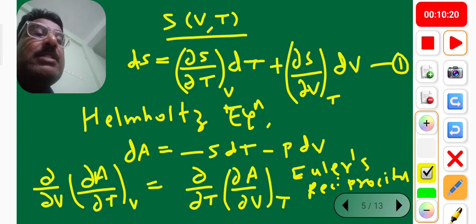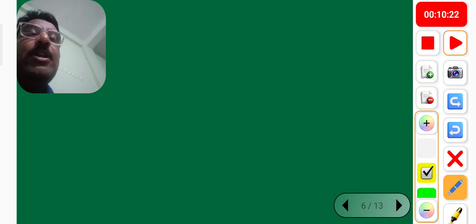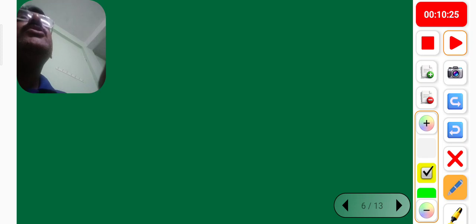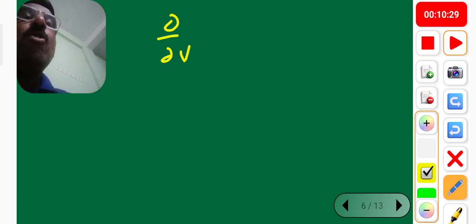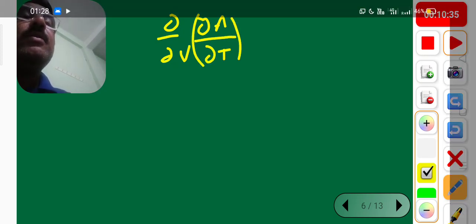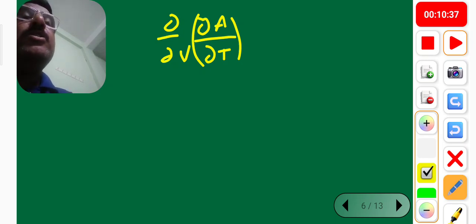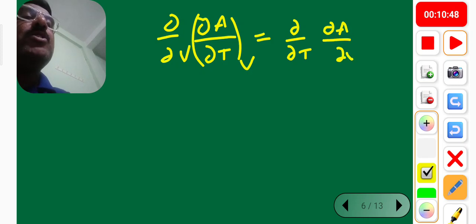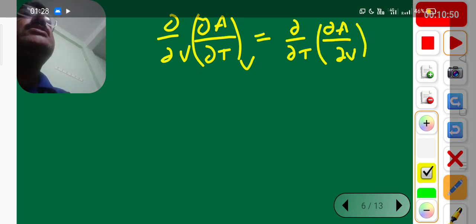This is called Euler's reciprocity. Alright, once again: dou by dou V of dou A by dou T at constant volume is equal to dou by dou T of dou A by dou V at constant temperature.